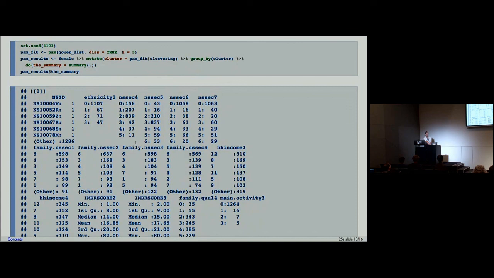But looking at the summaries, it was a bit more obvious. So I constructed a brief summary of every cluster in relation to the clustering variables, but then I also looked at the distributions within each cluster on the educational backgrounds that I was using in further analysis.